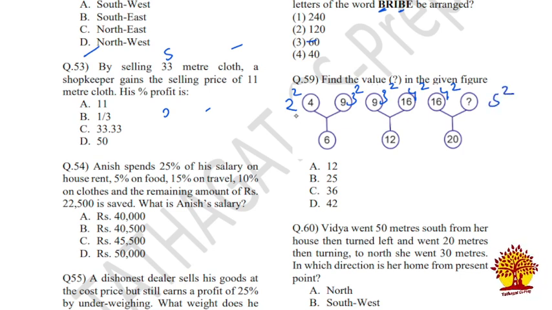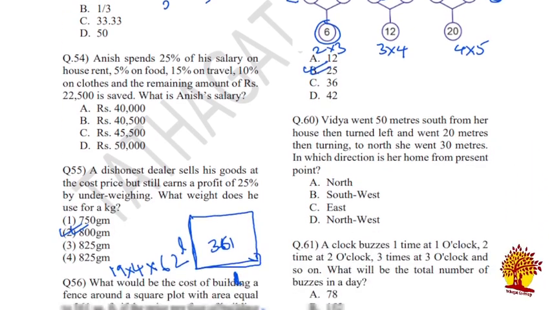Again, you have to check that third one here. 2 into 3 is 6. 3 into 4 is 12. 4 into 5 is 20. So here correct answer is 5 square, 25. Option B is the right answer.